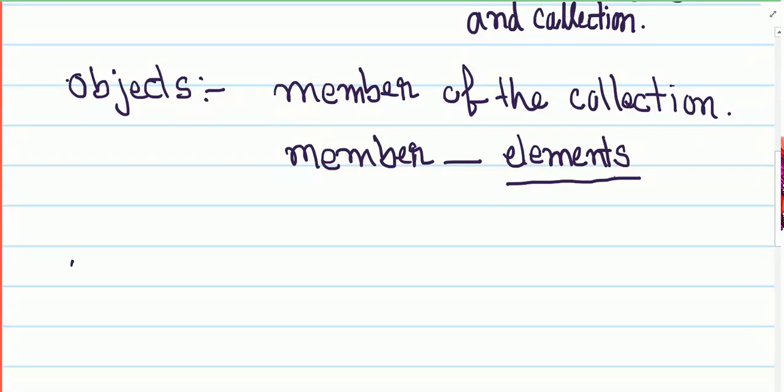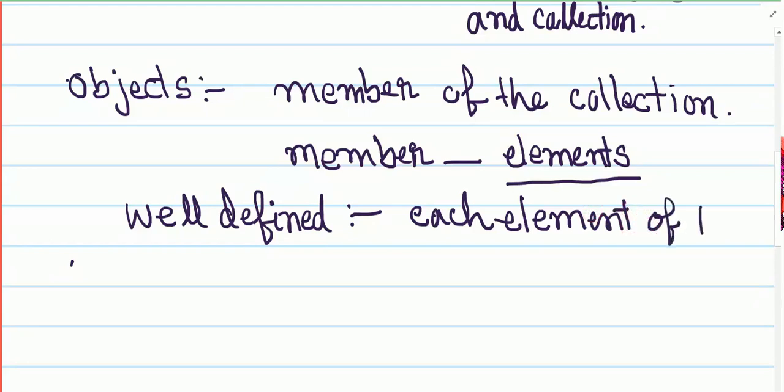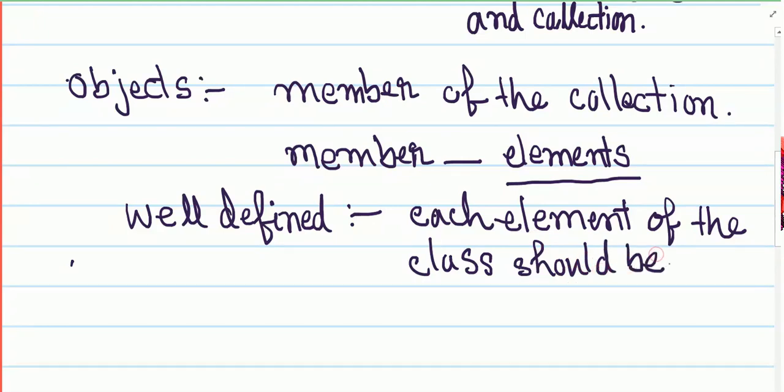Now, one more word is there: well defined. It means each member, or each element, of the class or the set should be distinct.